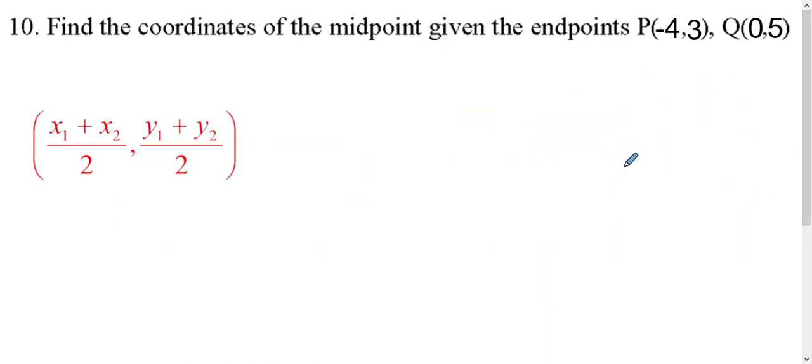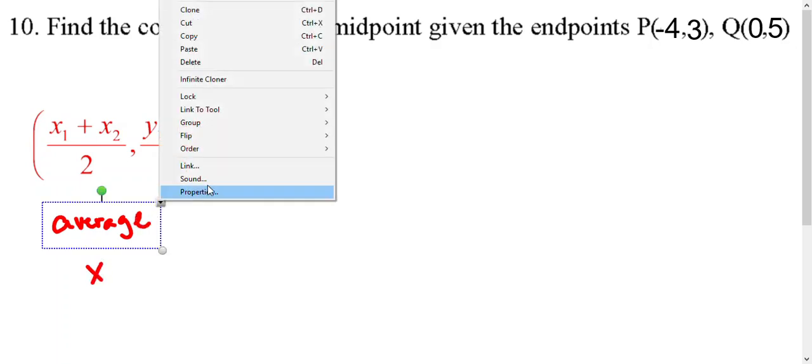Okay. Number 10, we're asked to find the coordinates of a midpoint given two endpoints. I've written down the formula for you here, which basically comes out to mean x1 plus x2 over 2 is really the average of the x's.